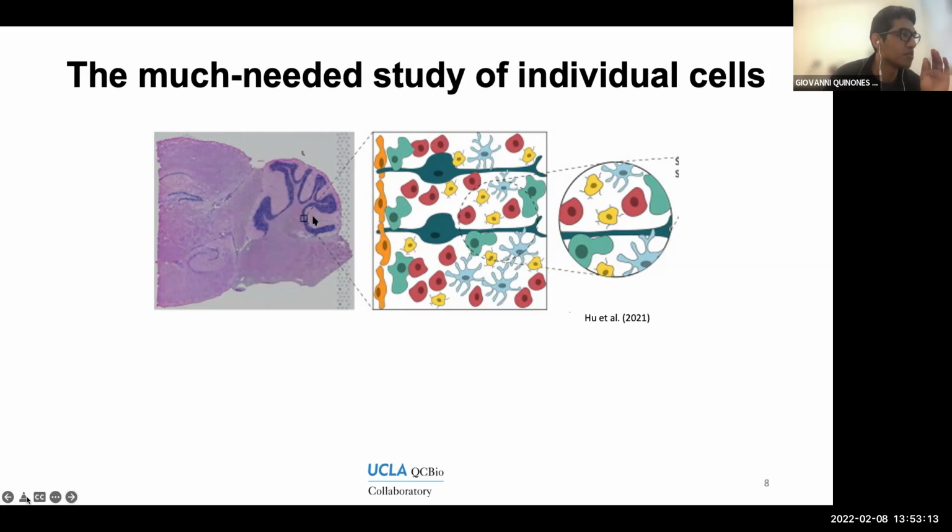And when you zoom into a very small section, you see that the composition of cells is actually very heterogeneous. Within a very small cluster of your tissue, you have very specialized cells.